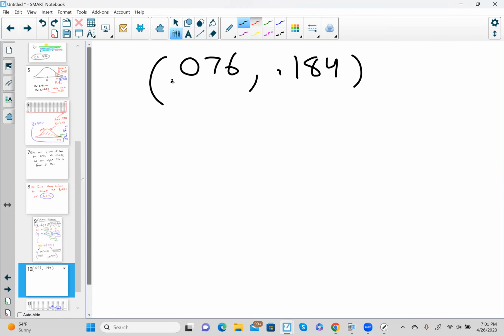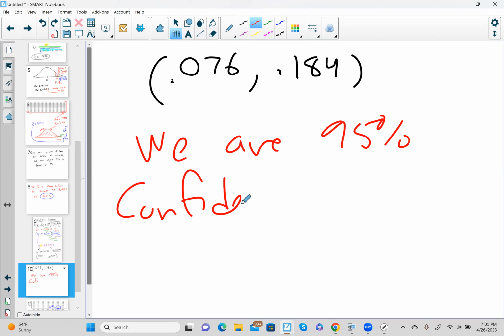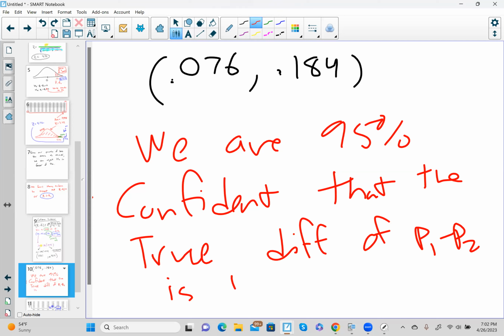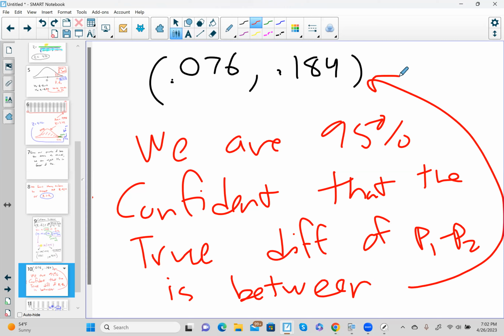So what this interval is telling us is the following. We are 95% confident. That's why these things are called confidence intervals. We're 95% confident that the true difference of P1 minus P2 is between those two numbers.